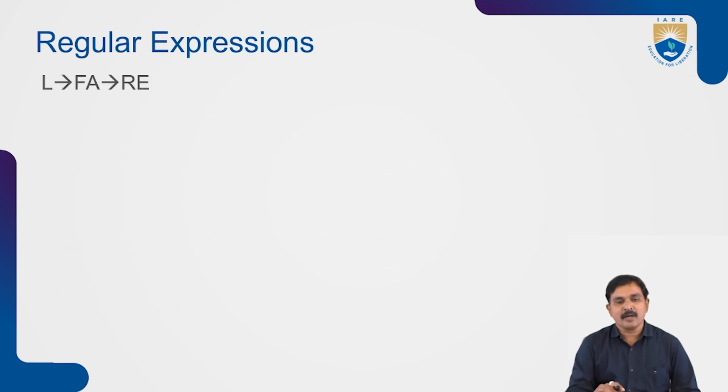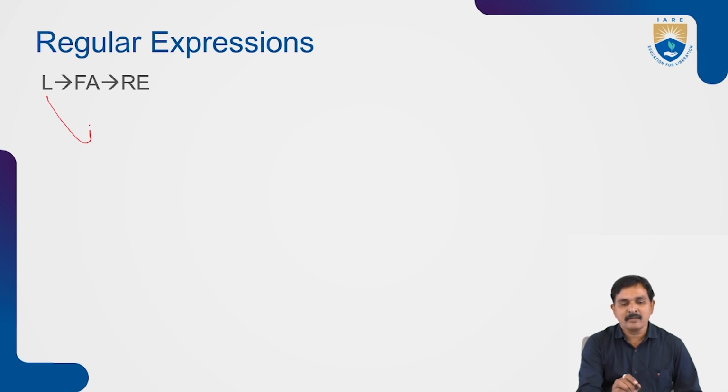Now, what is the interrelationship between the language, finite automata, and regular expression? L is the language, FA is a finite automata, RE is a regular expression. You want to recognize particular tokens or patterns or valid strings of the particular language.